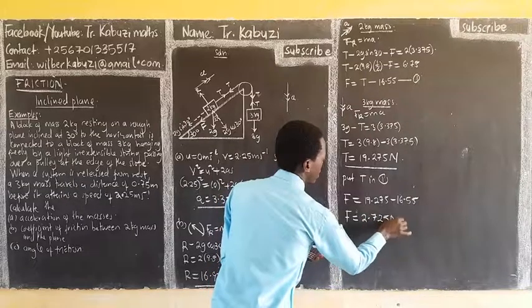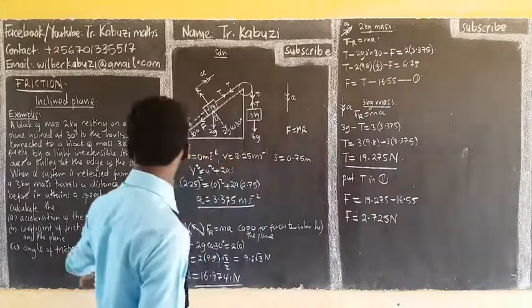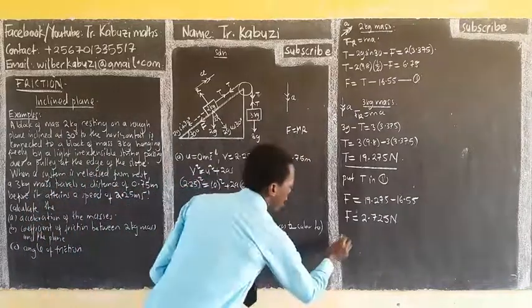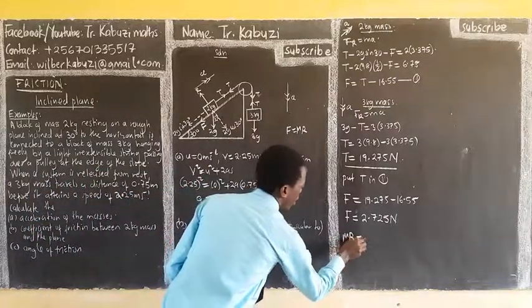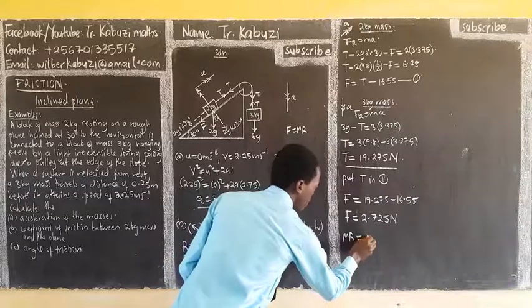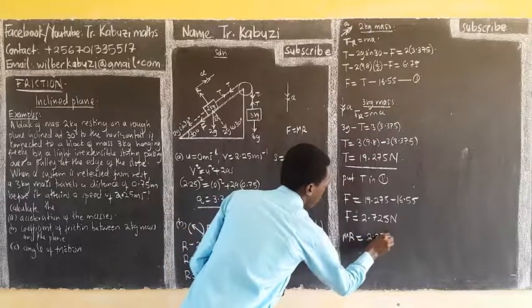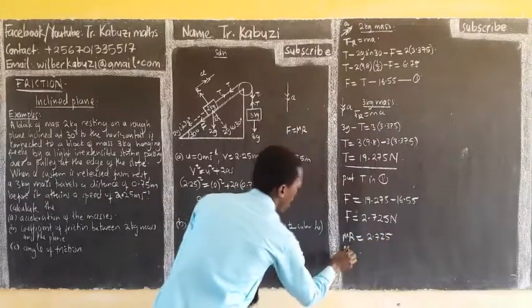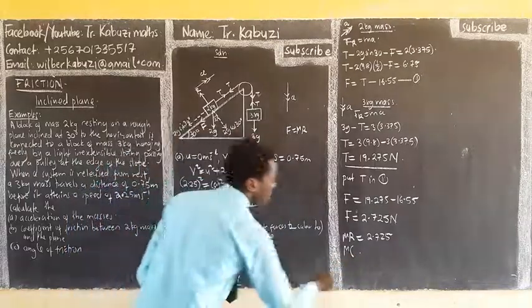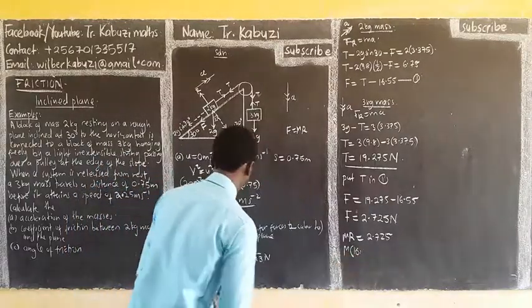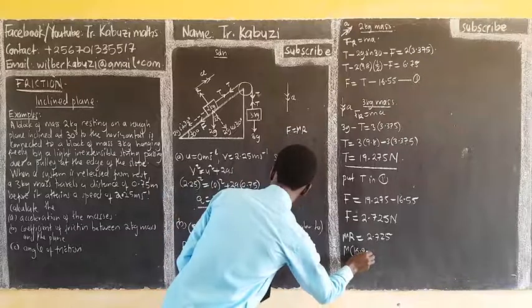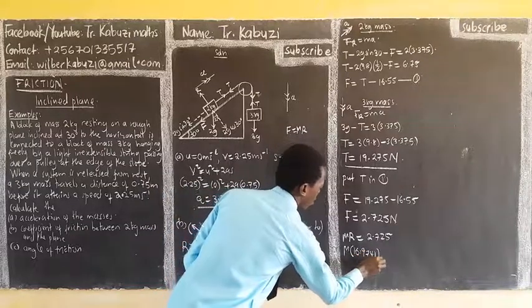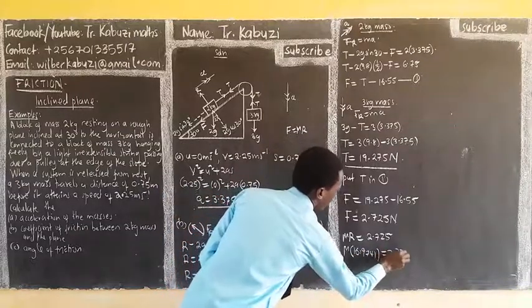So our friction force is going to be 2.725 newtons. But remember, we want to get the coefficient of friction. So our mu R will be equaling to 2.725. Now we have our R. Our R here is 16.9741 equaling to 2.725.